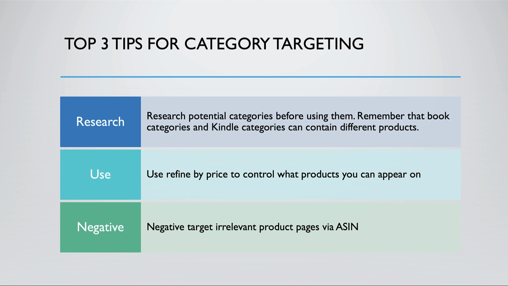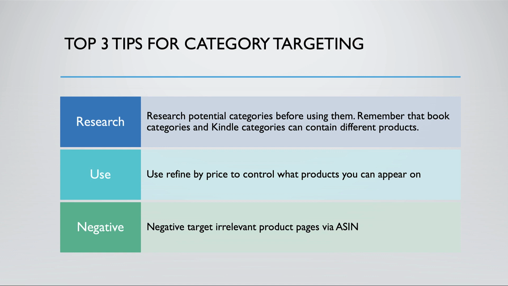It can also mean that you can price closer to what indie prices are, like $4.99 and under, and then you're not going to get hit with a bunch of trad books. If you sell well with trad targeting, then of course you don't want to do that. The same is true if you're doing Kindle categories, although I tend to use refinement less with Kindle categories because I'm not worried about being put on paperbacks.